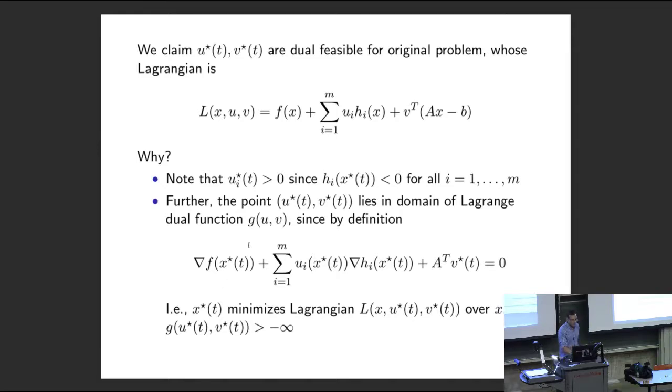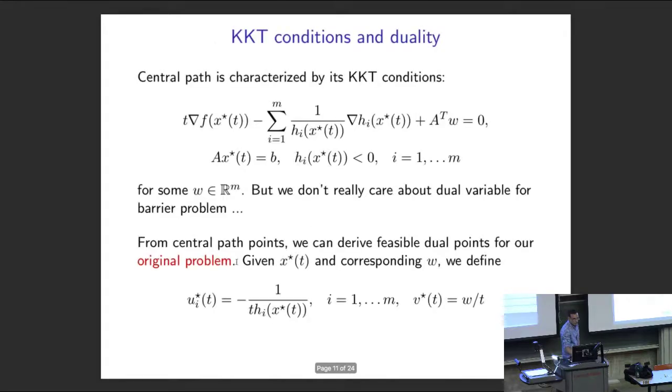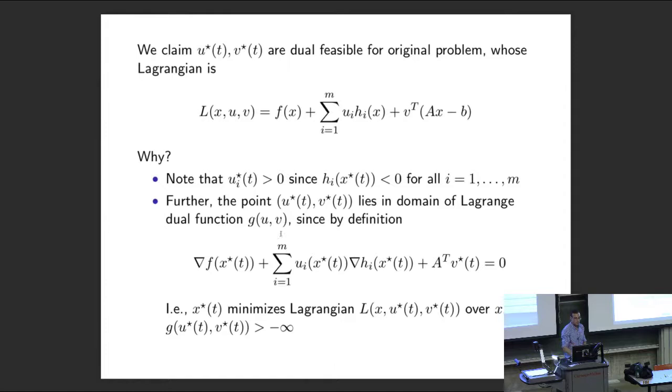So why? Well, first, let's just notice that as we've defined them, u_i is going to be strictly positive, because remember the h_i's were strictly negative. So minus 1 over t times h_i is going to be strictly positive. So that's good. Remember, we need at least this sign constraint on u.